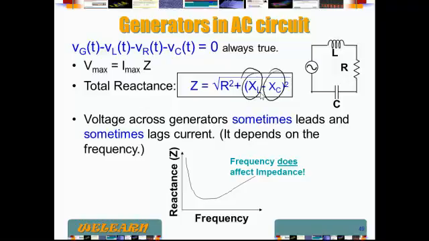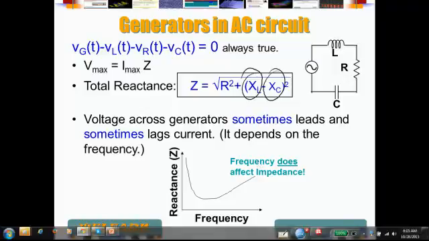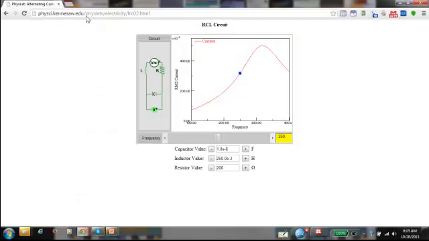Remember, this is the dependence here of XC, and then we have a linear dependence of XL. The combination gives us this kind of a graph. The dependence of the current as a function of the frequency is going to look somewhat like this. So you notice it peaks at a particular value. We'll get back to that later on.